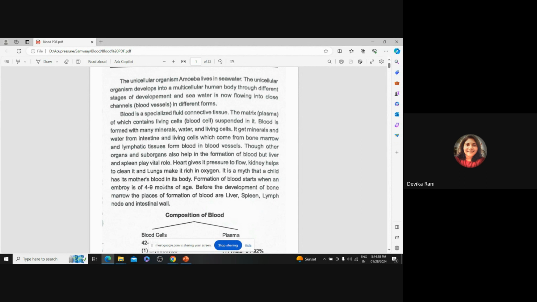But when we have our food, the food is digested in our digestive system, and the nutrients are absorbed starting from the stomach and mostly in the small intestine and also a bit in the large intestine. So from there, we get the water and the nutrients which go into blood, which become a part of it.